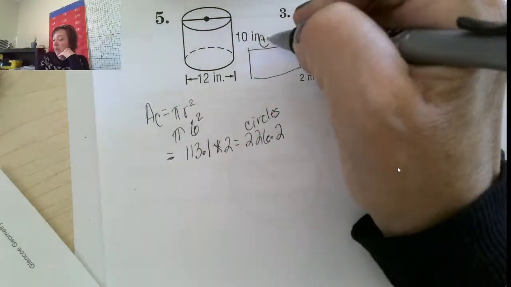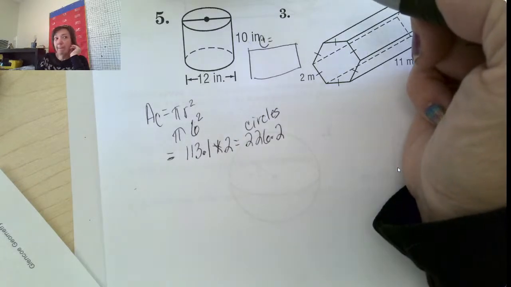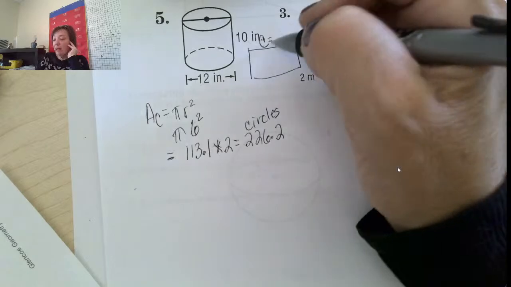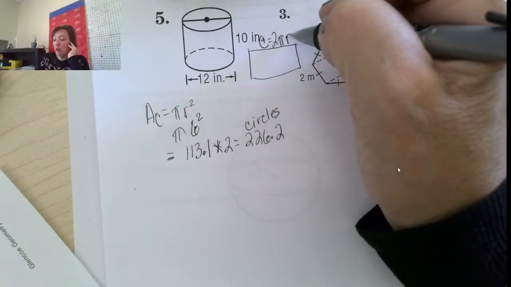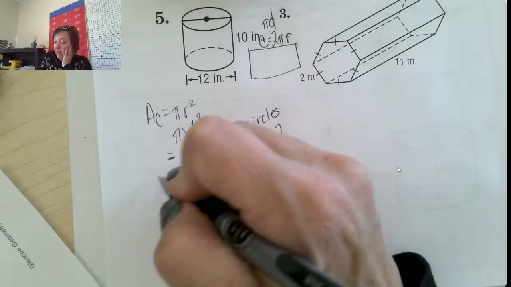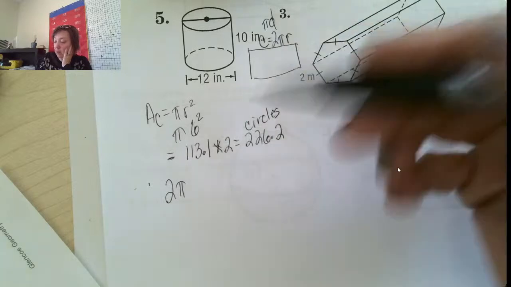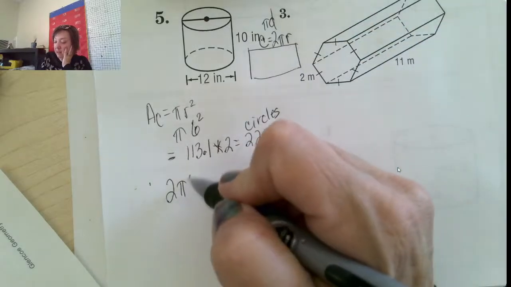Do y'all remember how to find the circumference of a circle? 2 pi r or pi times diameter. Either one works, right? So what is that 2 pi? What's our r? 6?